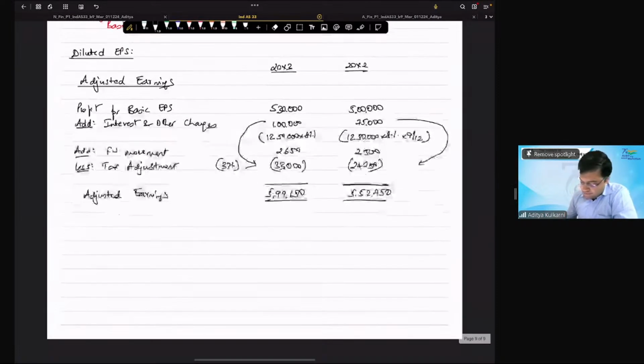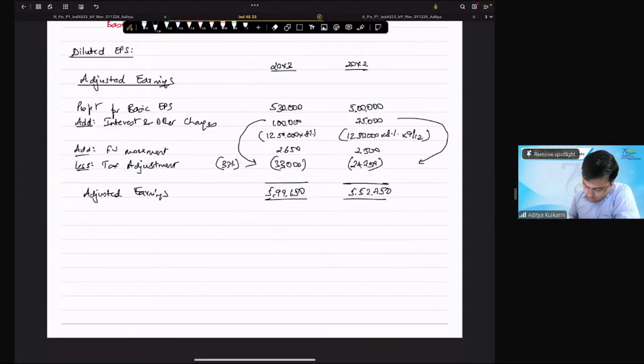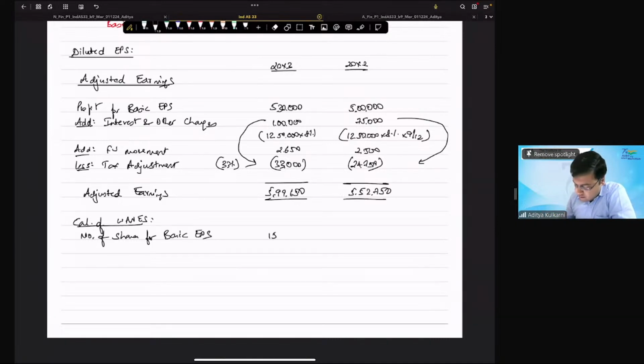And then calculation of weighted average number of equity shares. Number of shares for basic EPS, 15 lakhs.